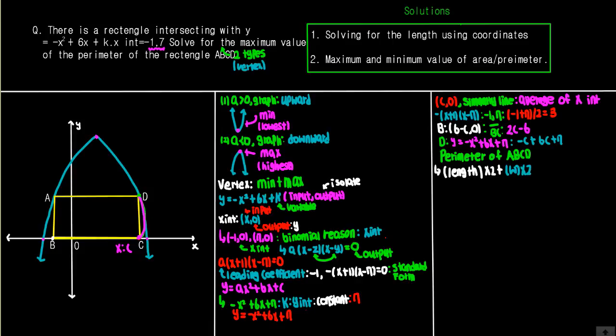So our length will be from BC, which is 2c minus 6, and we multiply by 2. And we have plus w times 2, which is our width, the width of our rectangle.